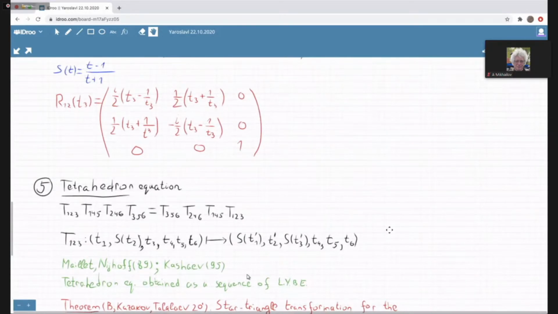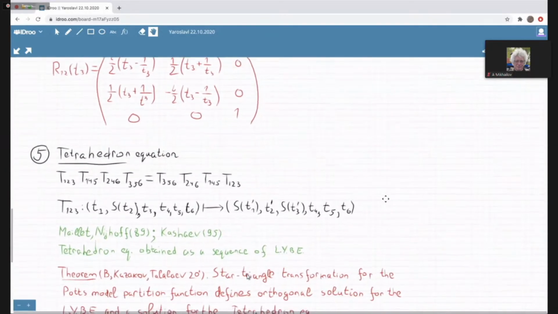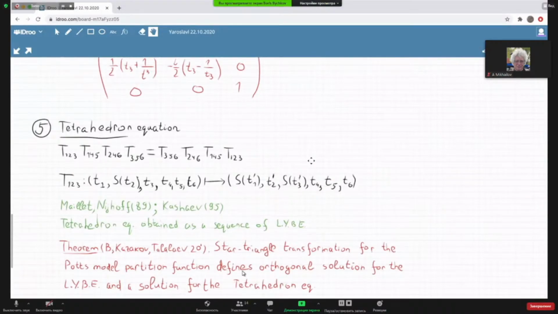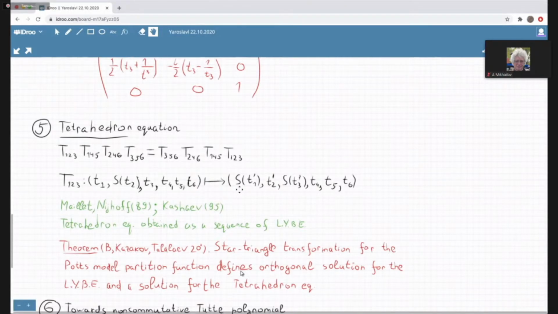And this procedure, how from a solution of the local Yang-Baxter equation we get a solution of the tetrahedron equation, in our case is some kind of generalization of the construction of Mielke and Neichhoff of '89, and maybe they are not the first, but I think it's the right reference.